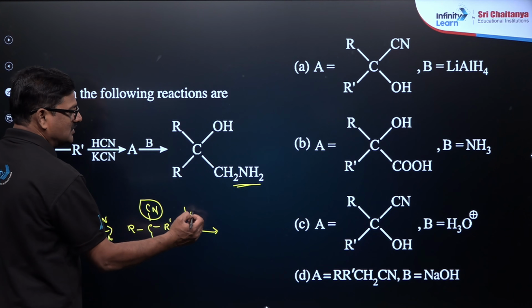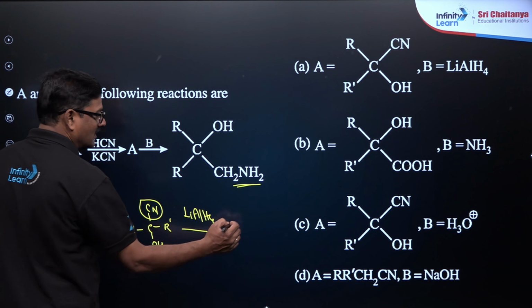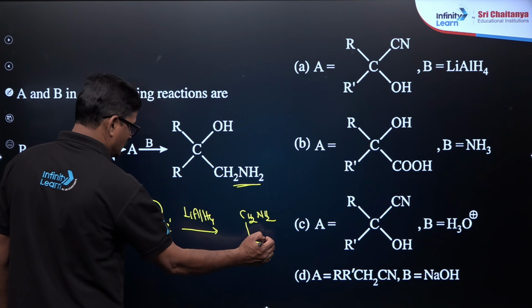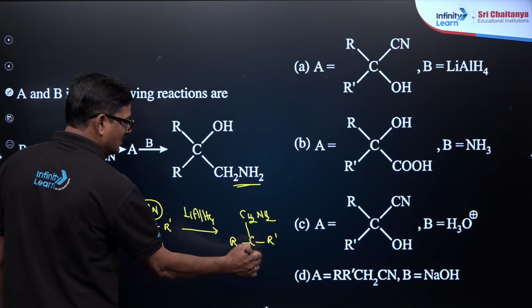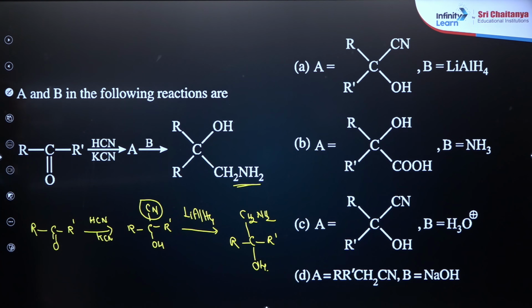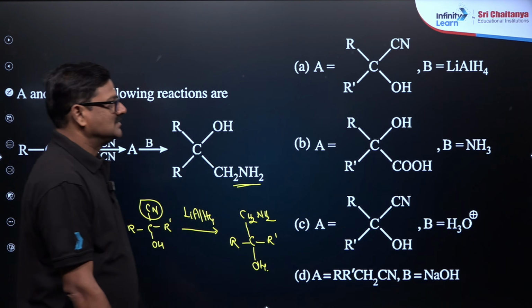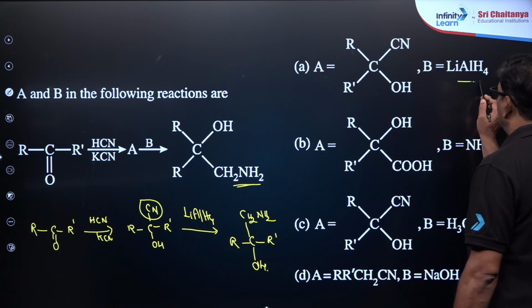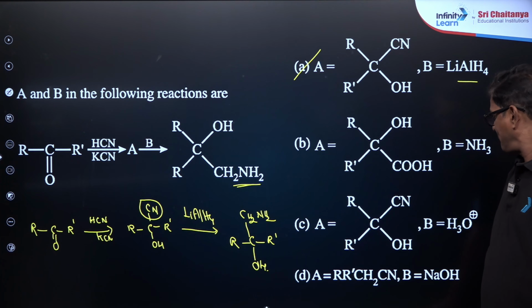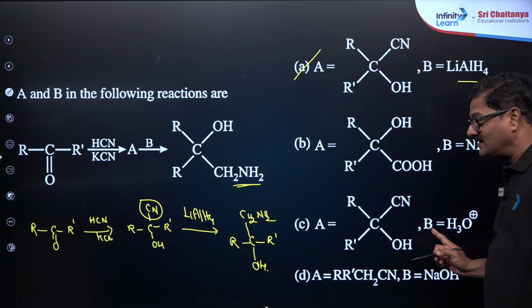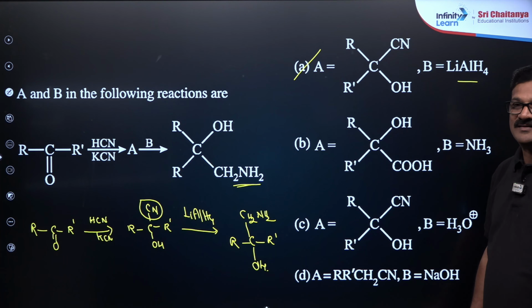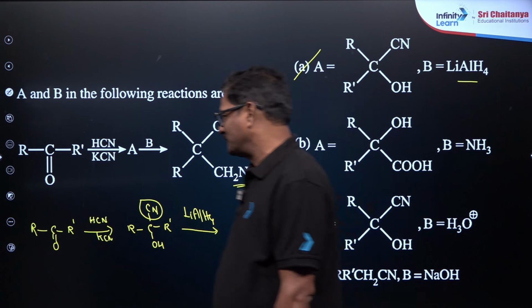So I use lithium aluminum hydride, so that you get CH2NH2 with R dash and R and OH. So A is cyanohydrin and B is lithium aluminum hydride. Answer is going to be A. If you use the other option, you are going to get a carboxylic group.